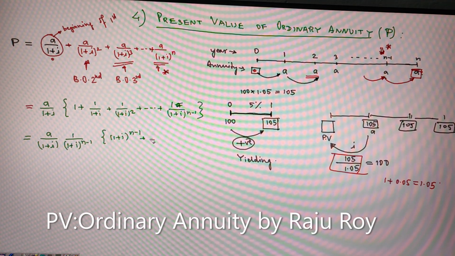The second term will give me 1 plus I raised to the power n minus 2 plus dot dot dot plus, the last term before this will be n minus 2, right? Then only it is going to n minus 1. So this will give me 1 plus I and plus 1. This is what I am getting, right?